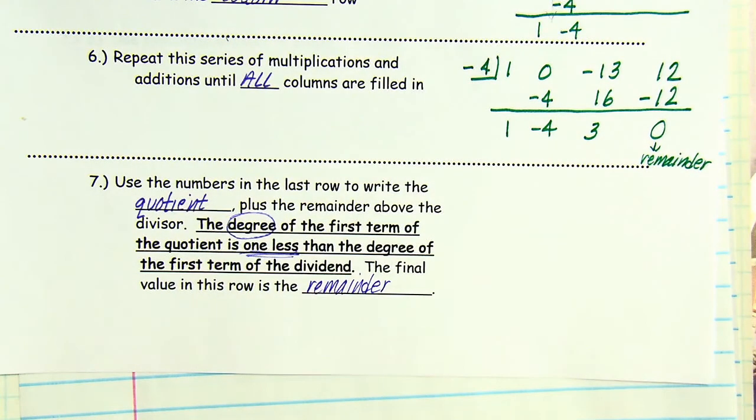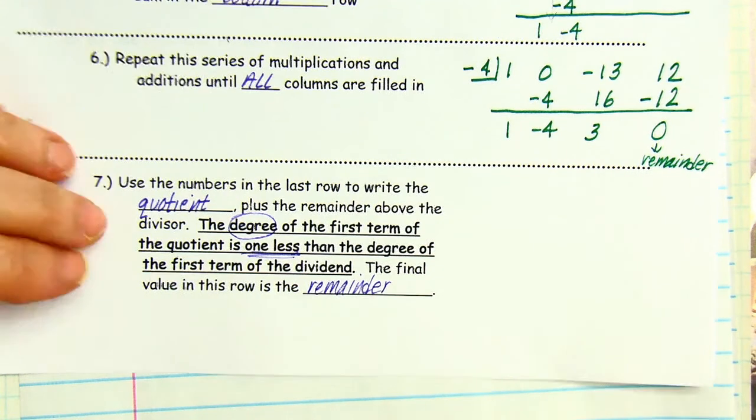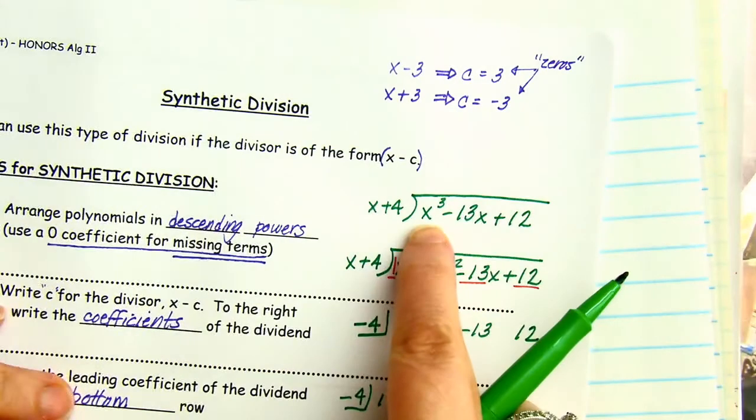All right, we started out with power of 3. If you look back up at the original problem, that was x cubed.